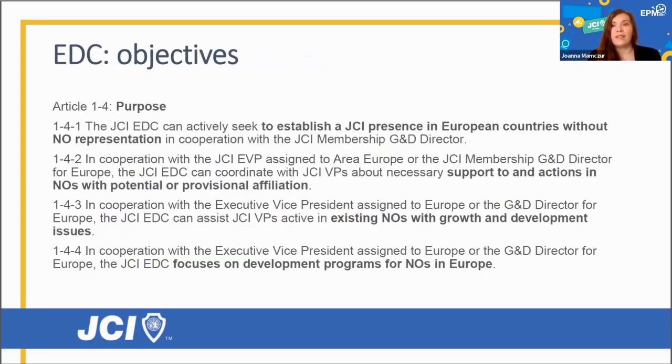The objectives are actually defined by our internal documentation. You will receive this handout, so there's no need to go point by point through these formal rules. However, if you have any specific questions to these rules, do not hesitate to ask the questions directly.